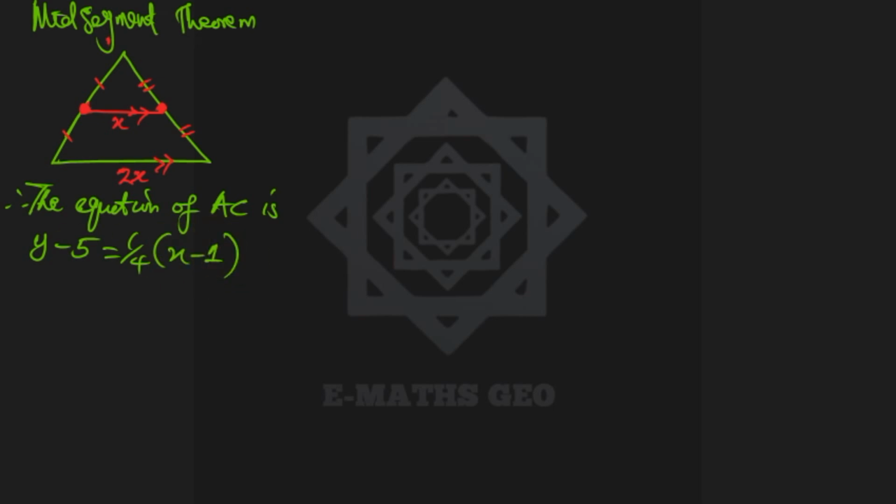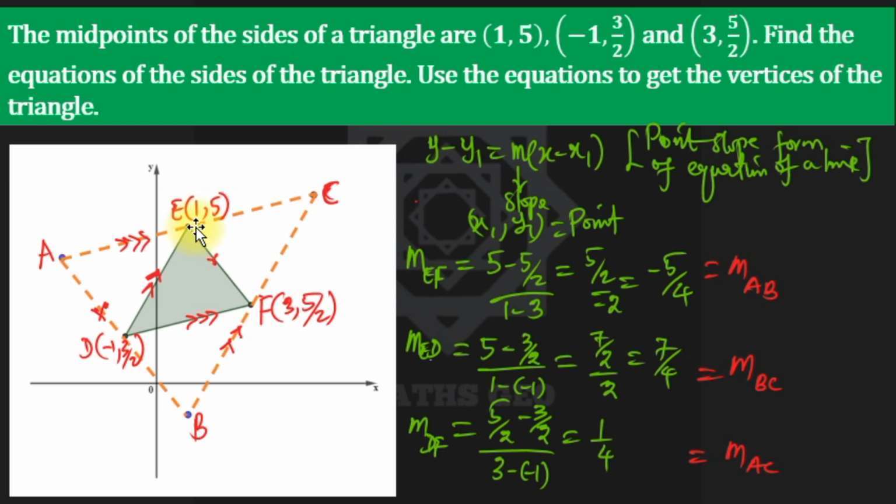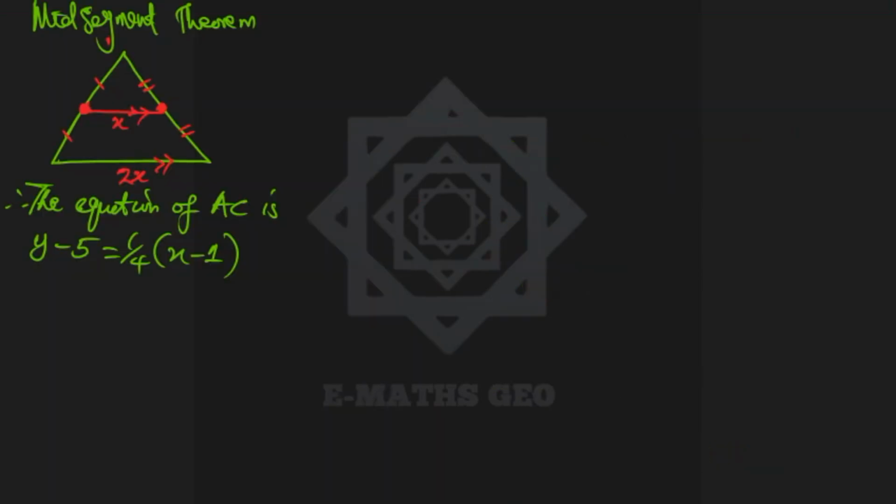Let's check: the point is (1, 5) and the slope is the same as the slope of DF, which is 1/4. We multiply both sides by 4: I have 4y minus 20 equals x minus 1. Then I have x minus 4y equals minus 19. Let's call it equation 1. So the equation of line AC is that.